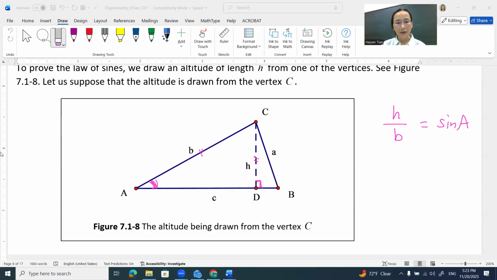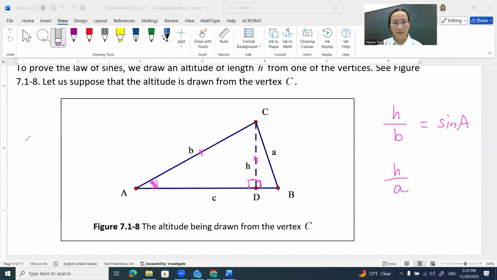We have two right triangles, one on the left side of this edge, one on the right-hand side. On the left side, H over the hypotenuse is sine A. And same thing for the other right triangle, H over a.